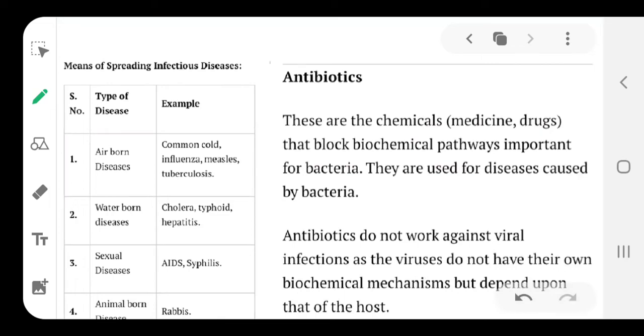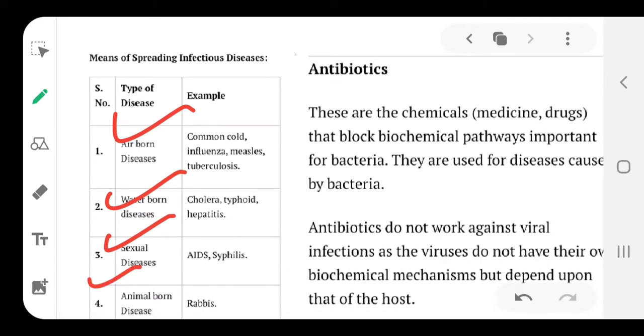Now, before moving on, you should know airborne, waterborne, sexual disease, and animal borne. Underline the last one. When an animal bites us, basically you have read about the disease called rabies in particular. A bite by dogs or even other animals can also cause diseases.